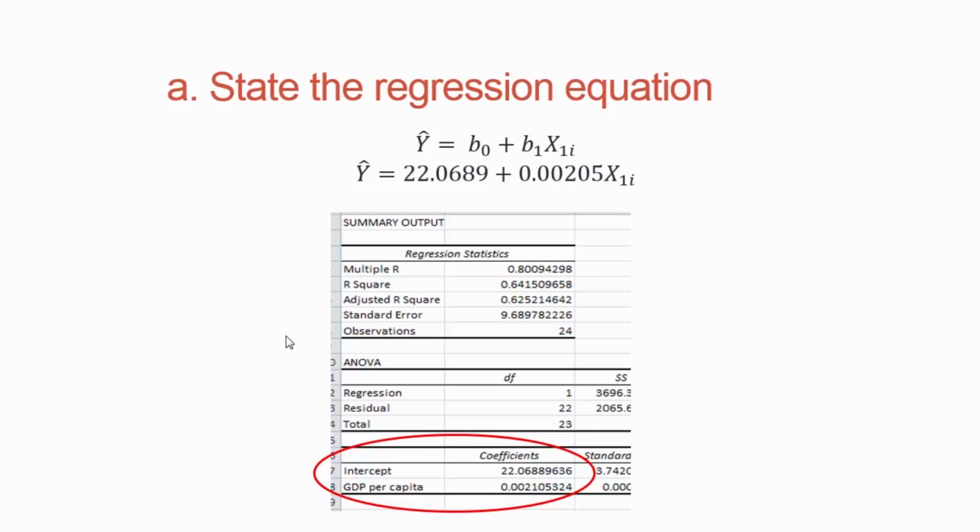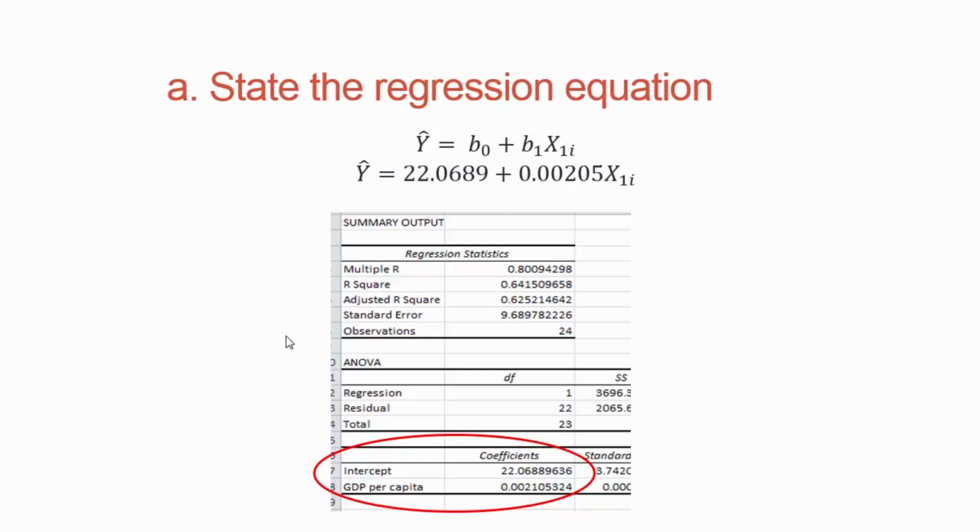All right, so first question says, state the regression equation. So I'm looking at the regression statistics, summary values, and it gives me an intercept coefficient and a GDP per capita coefficient. So the intercept is where the regression equation crosses the y-axis.